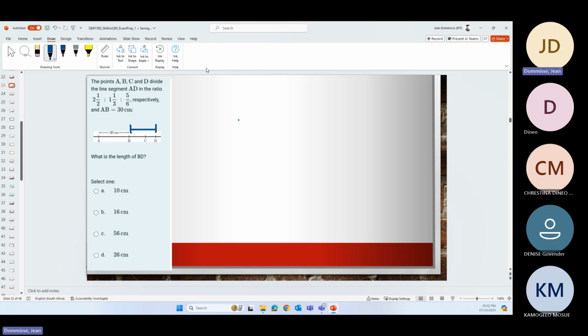Okay, so we get that AB is equal to 30, and we know the ratio 2.5, 1 1/3, and 5/6. Okay, so the first thing that we need to do, and that 30 then represents the AB.